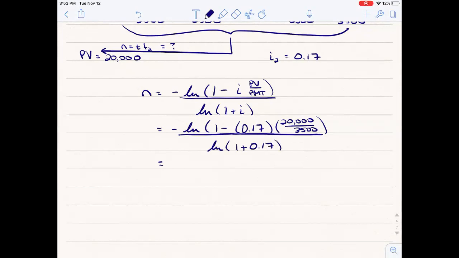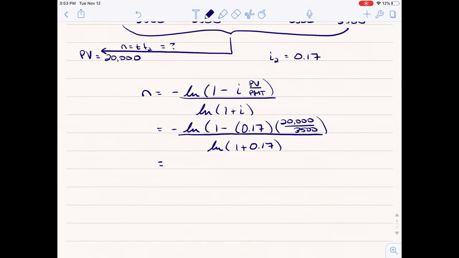Shouldn't be sloppy. Bad math, or I can subtract it from 1. So I've got 20,000 divided by 3,500 times 0.17, and then 1 minus that. Oops, I don't know what happened.